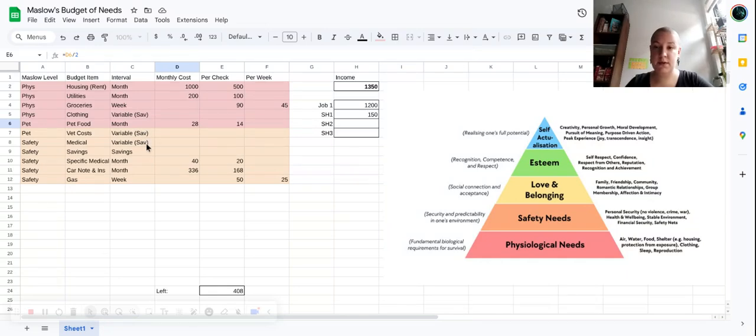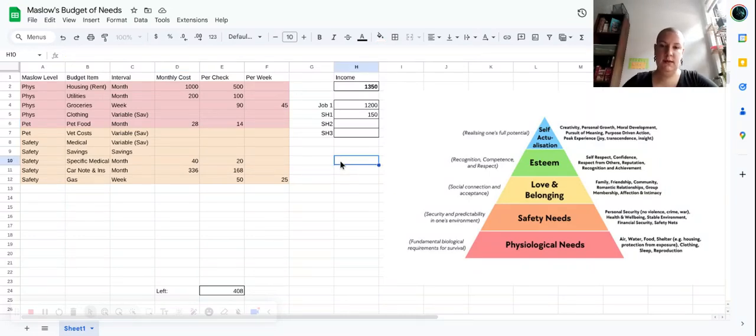Now vet costs and medical, these are amounts that I would like to build up. So I want to set a goal of what's an amount of money that is reasonable given how much I have left in my check that can go into these categories to save up for the event of an emergency, right?